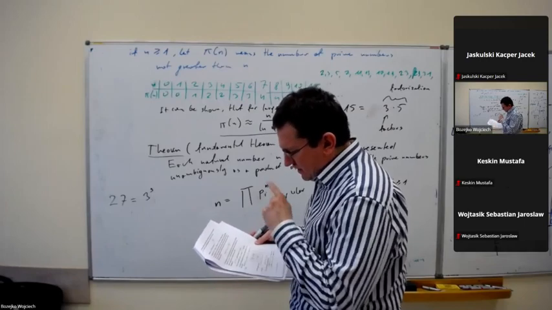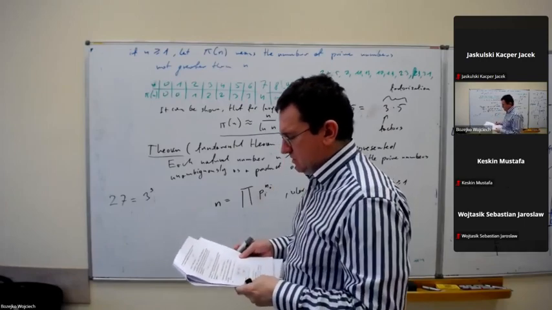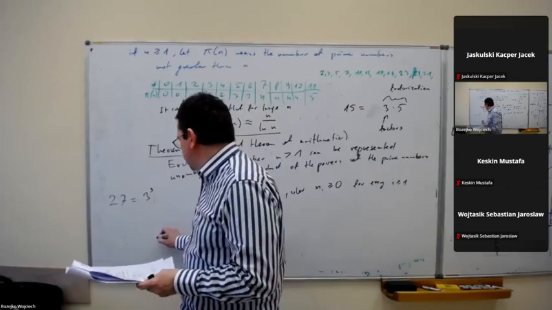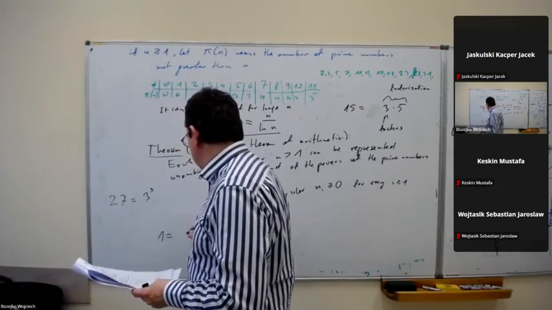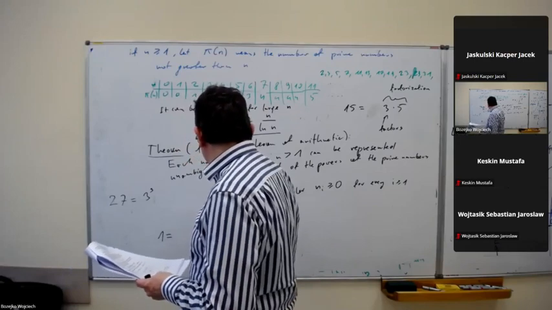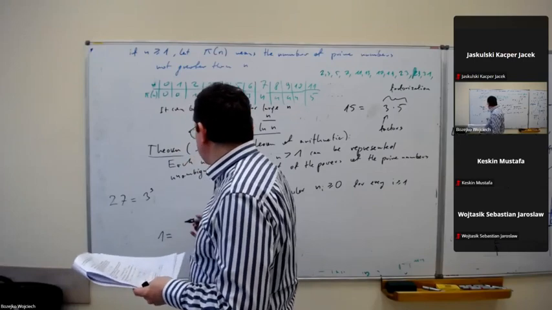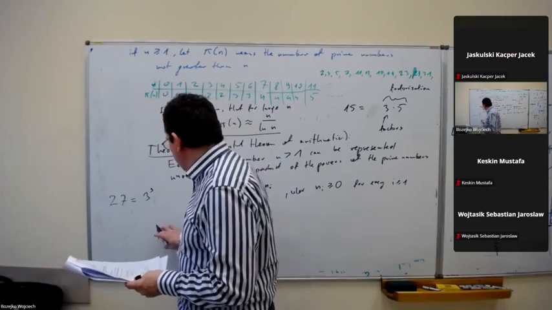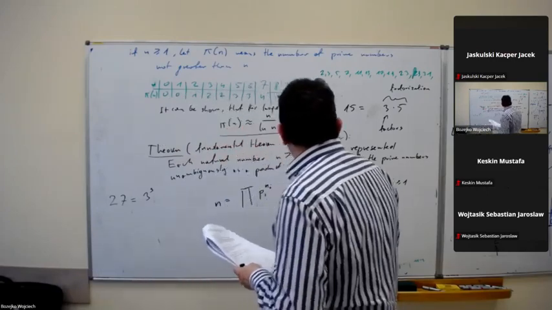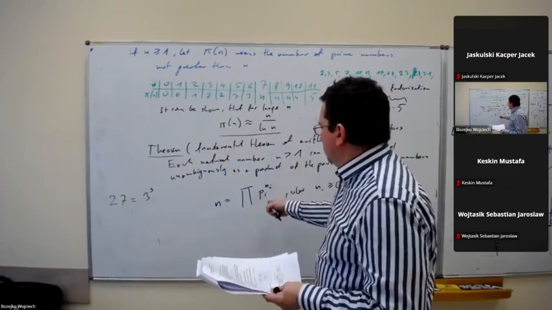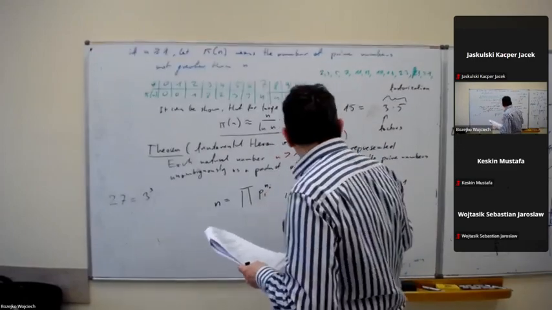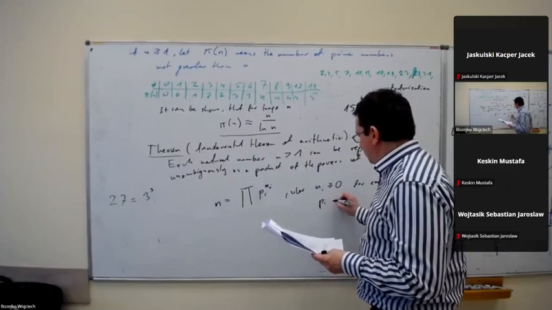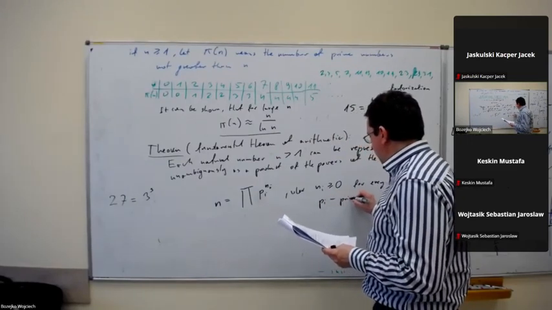Only one is a little bit strange, but one can be written as just 1 or as 2 to the power of 0. But the rest of them, we just write as primes to the powers, where pi are prime numbers.